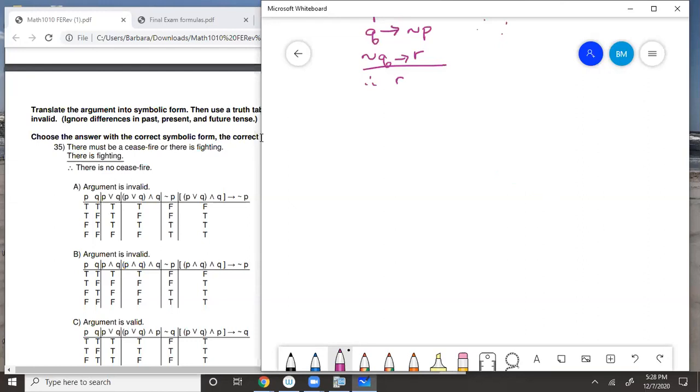The first one, there must be a ceasefire, we'll call that P, or there's fighting, so P or Q. The second statement is there is fighting, so that is Q. So if P or Q and Q is true, then there is no ceasefire, so that means not P.